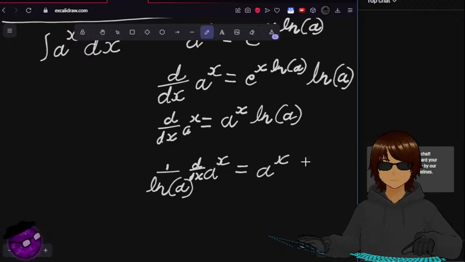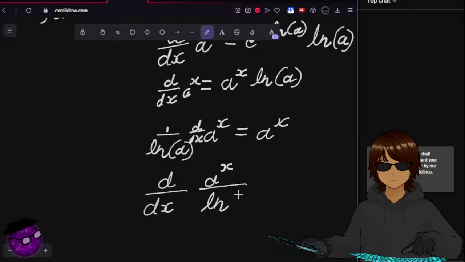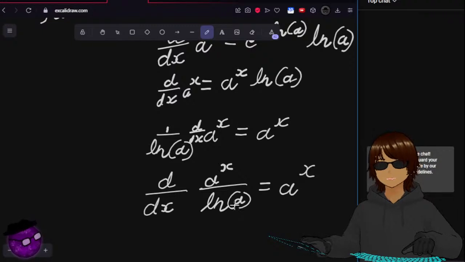Derivative of this, and then by the definition of derivative, I can put a constant inside. So then the antiderivative is a to the power of x over ln of a.